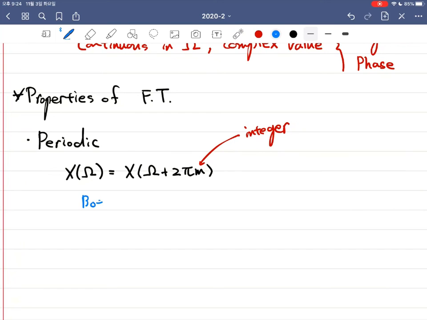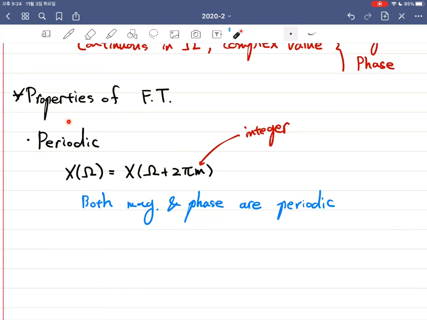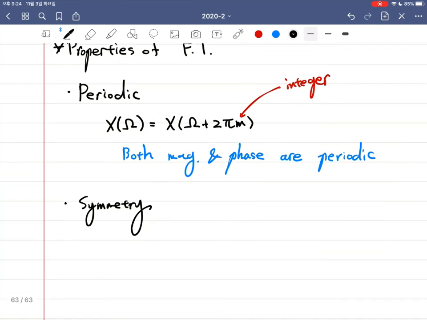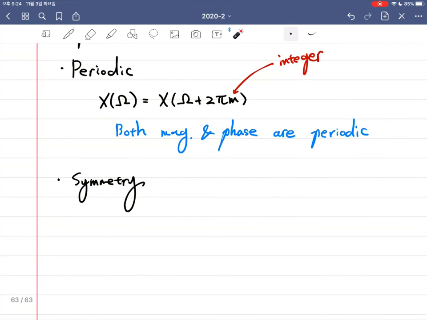So both magnitude and phase are all periodic. One more time, this is not true for the continuous time, remember? And it's symmetric. And this is the same thing as in continuous time.